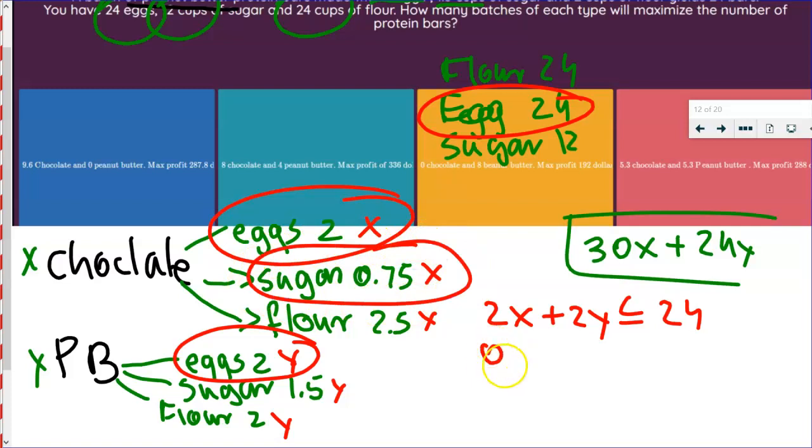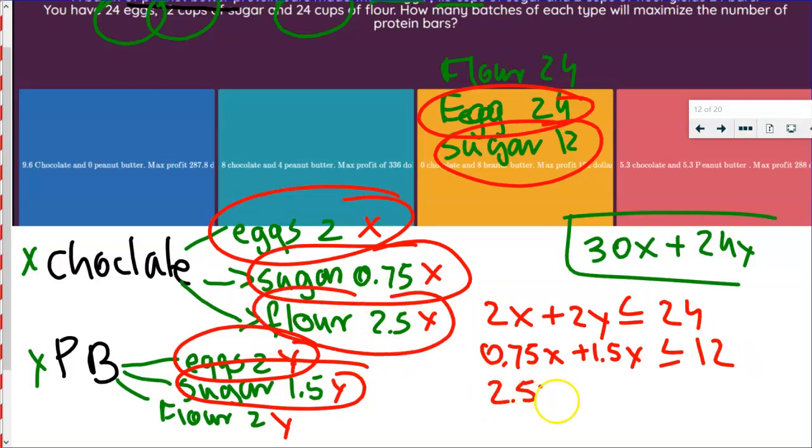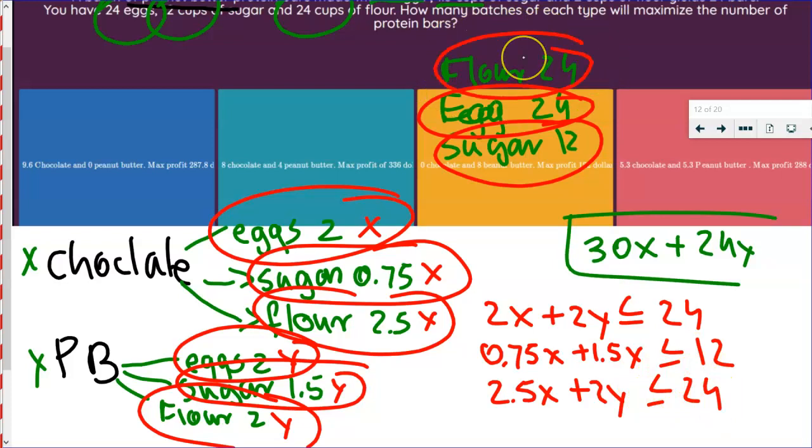Sugar, 0.75x of a chocolate. Sugar, 1.5y of a peanut butter bar. Less than or equal to sugar, 12 altogether. Okay, and then the last one, flour, 2.5x. Okay, plus 2y for peanut butter, less than or equal to 24, which is our flour. Okay, so these are your constraints.